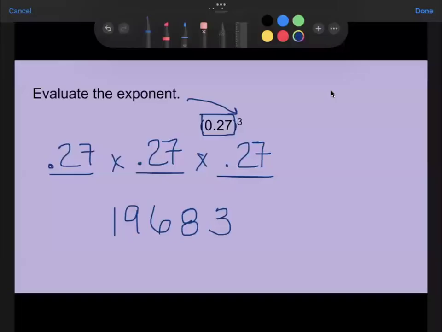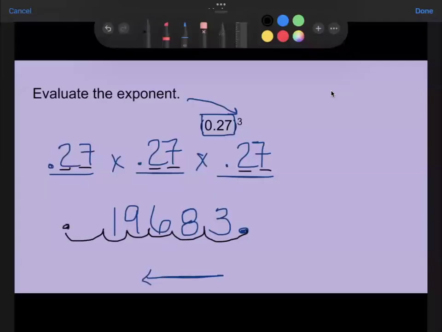Okay, so now I'm going to place a decimal at the end of that multiplication answer, and I'm going to move it to the left the same number of spaces as I had decimals in my multiplication problem. So if I go and count, I had 1, 2, 3, 4, 5, 6 decimals in this problem. So I need to move this decimal 6 spaces to the left. 1, 2, 3, 4, 5, 6.